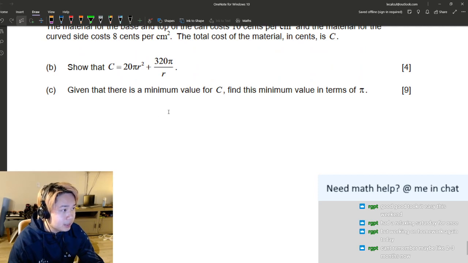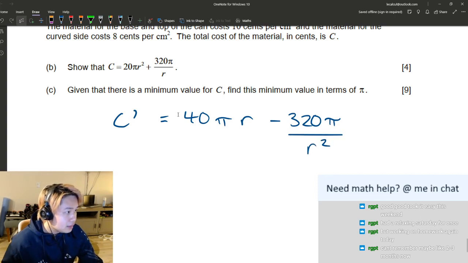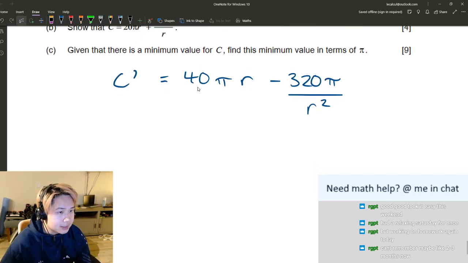Okay, next up, we know there's a minimum value for c, so find this in terms of pi. This is an optimization question, so we're going to find out what c prime is first. So we take the derivative, pretty standard stuff. And then I want to set this equal to 0 because I'm optimizing.